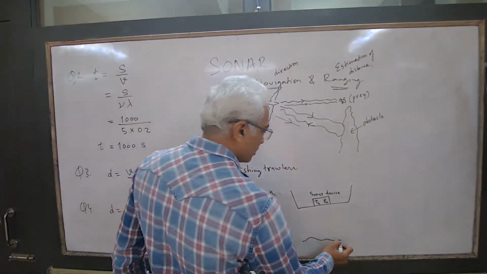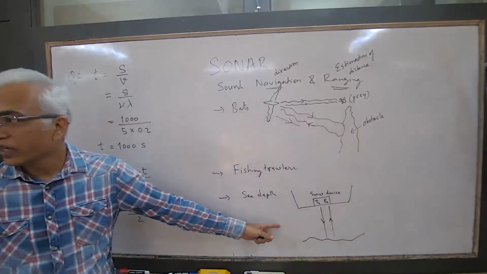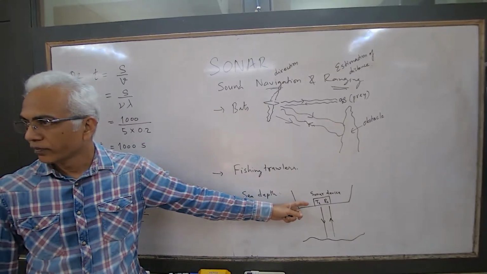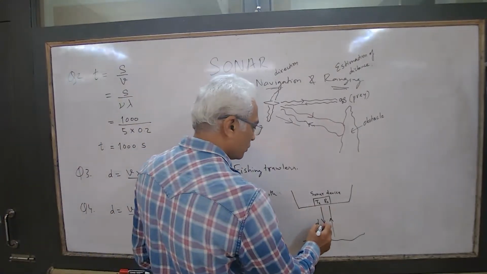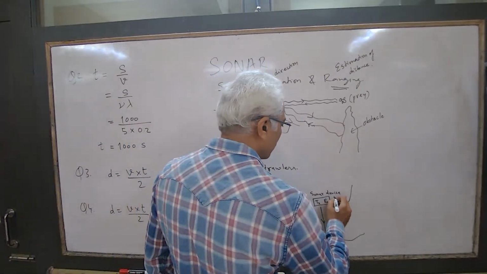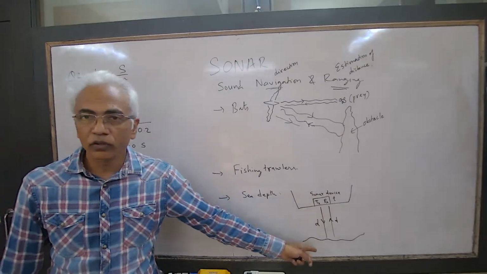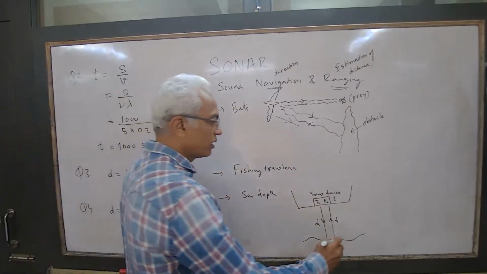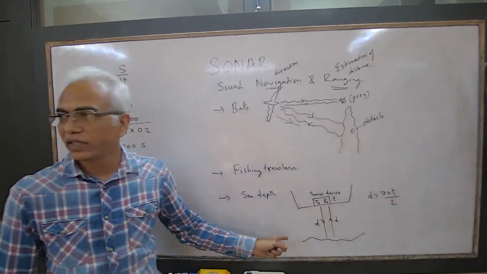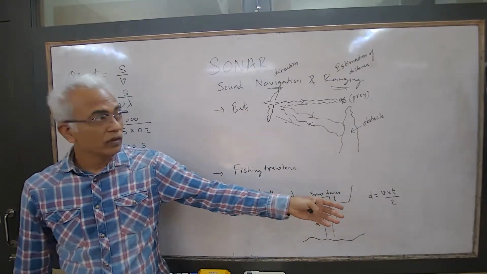So people can actually figure out the sea depth. They have provision to measure the time. This is D, going D and coming D, reflected sound. This sonar device can tell how much time it took for the sound to reflect. And then they can use this formula to calculate the sea depth. So this is ranging, estimation of distance. That is ranging, okay?